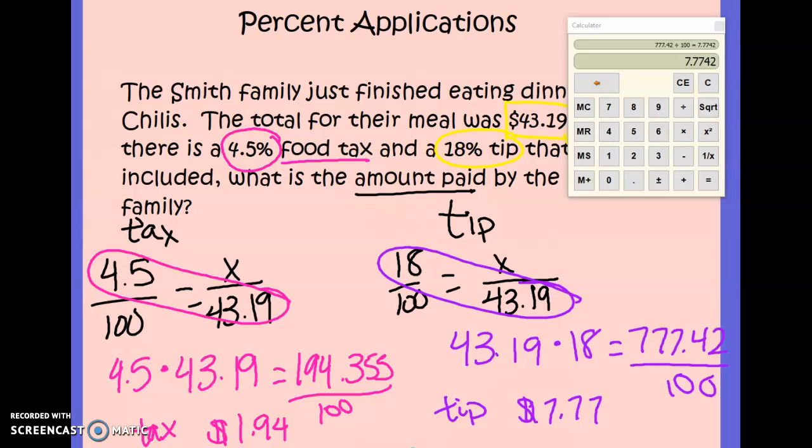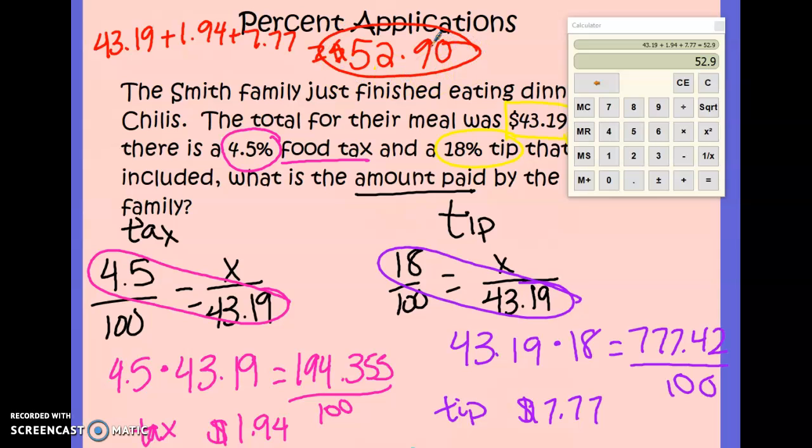Okay, so I'm going to do it up here at the top. $43.19 plus tax, which is $1.94, plus tip, which is $7.77. 43.19 plus $1.94 plus $7.77 gives us $52.90.